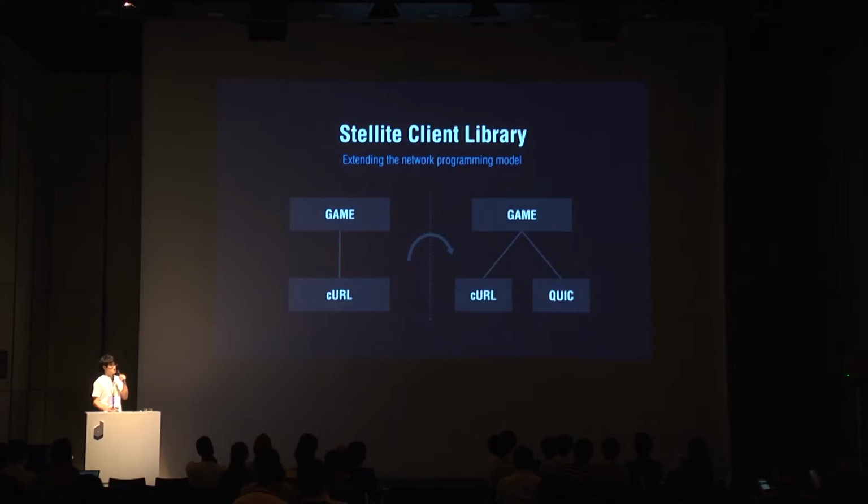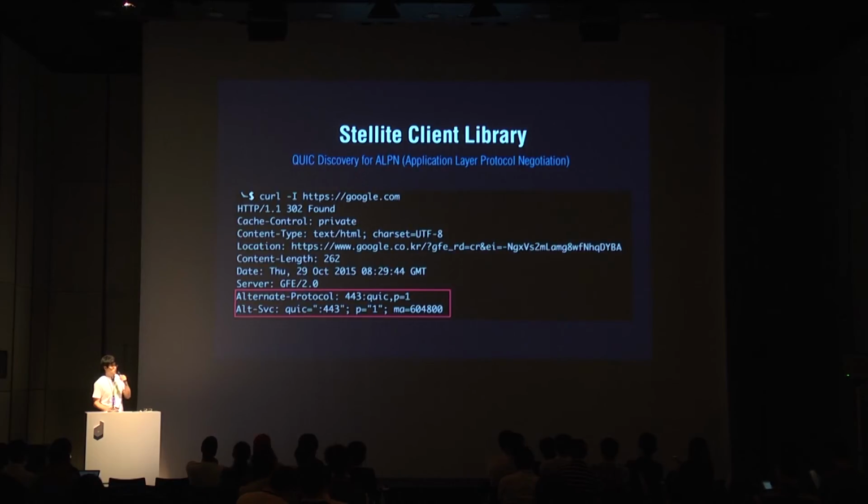We had to consider how to switch back to the cURL library if QUIC becomes unavailable or has any problem. So we turned to Chromium to see if they have any workaround for this matter.